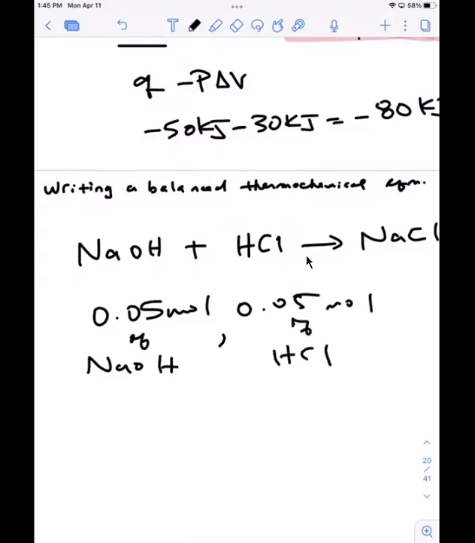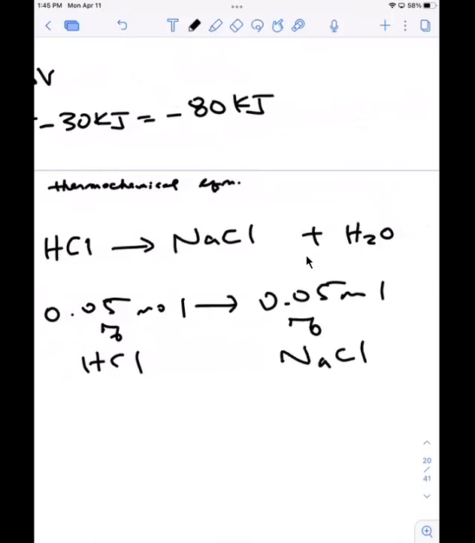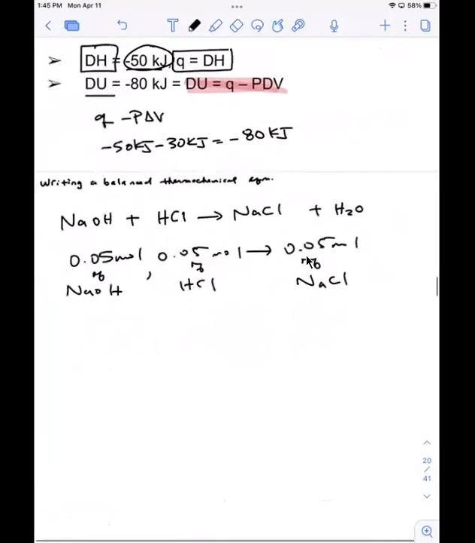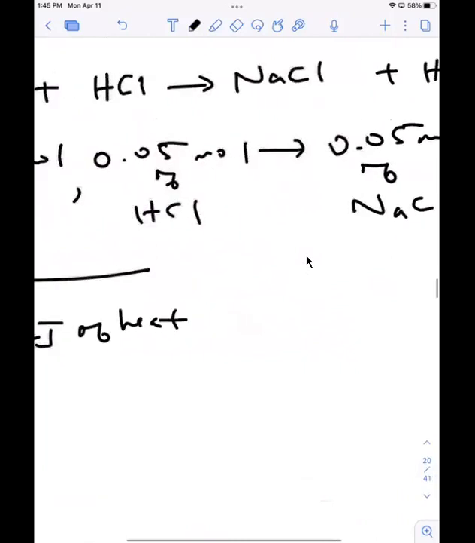And that's going to give me 0.05 moles of NaCl, right? And what it says is also, so these are molar amounts, and then it says that 2.9 kilojoules of heat are produced.